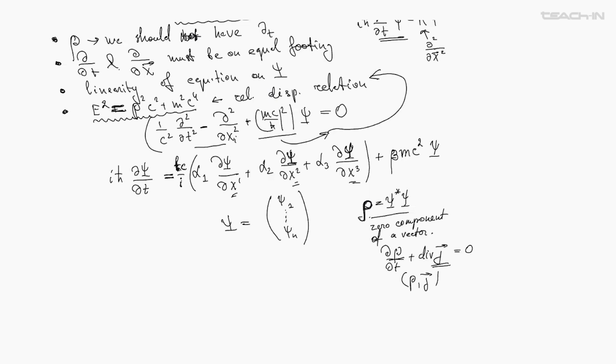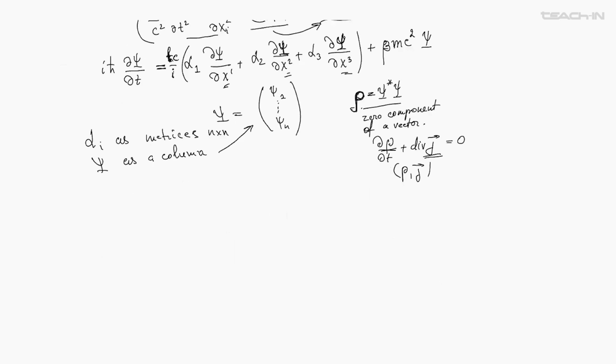And indeed, the suggestion is to treat the alphas as matrices, and psi as a column with a number of components, psi 1 up to psi n. So the alphas are matrices, n by n matrices, and psi is an n-component column.